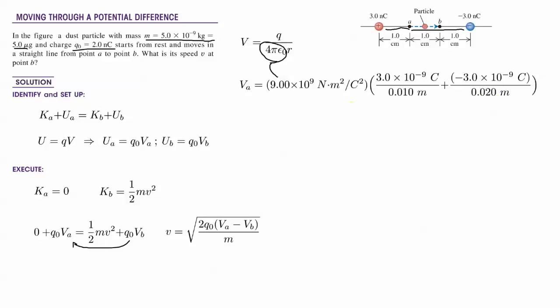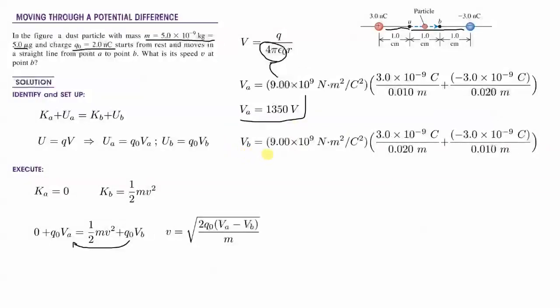So then after a careful calculation, we should get that the potential at A for the dust particle is 1,350 volts. Now VB is going to be very similar. We're going to plug this in again, which is 1 over 4 pi epsilon naught, comes out to 9 times 10 to the 9 newtons meters squared per coulomb squared.